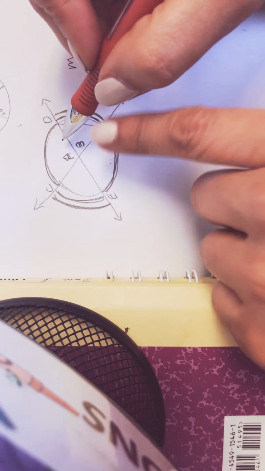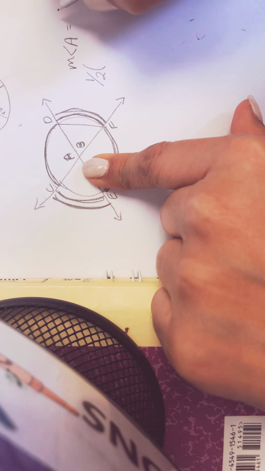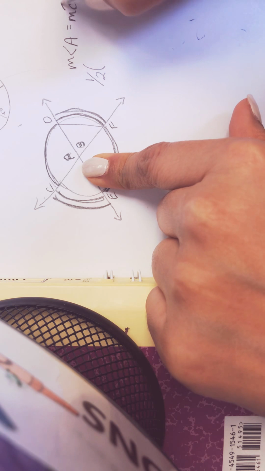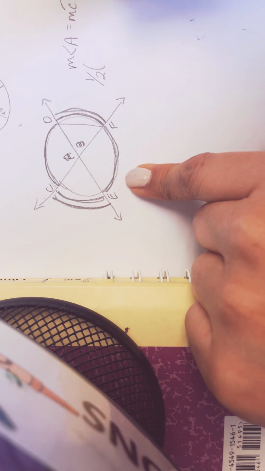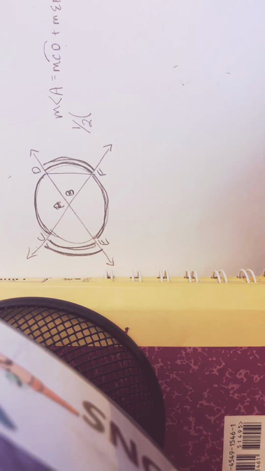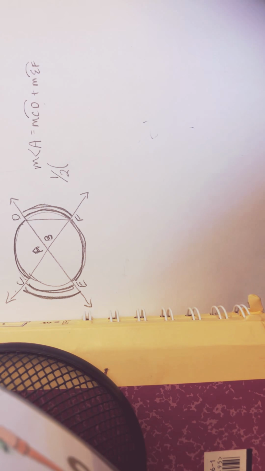In order to find the measure of angle A, I'm going to use CD, and this is how I write it out: the measure of CD, with this little arc sign, plus the measure of EF, and this little arc sign, okay?